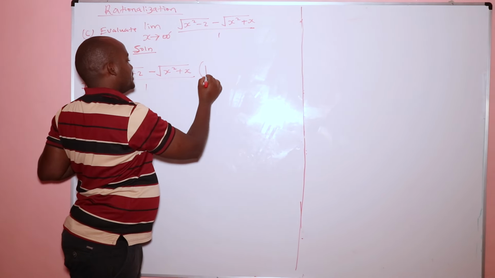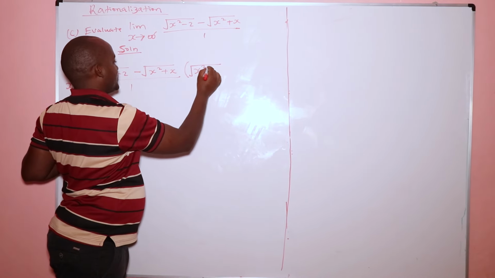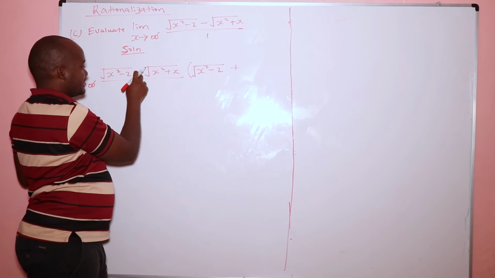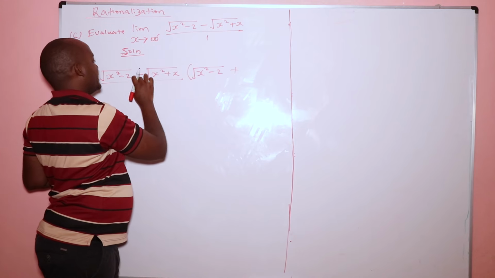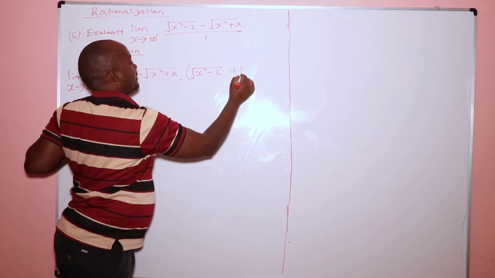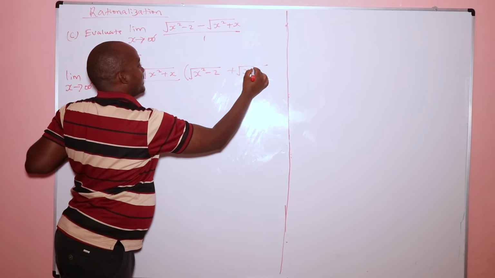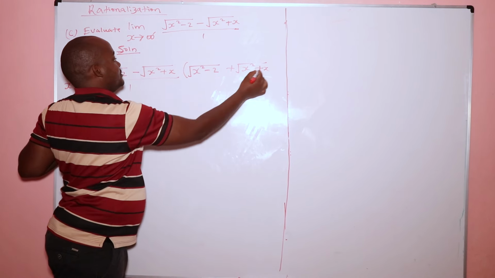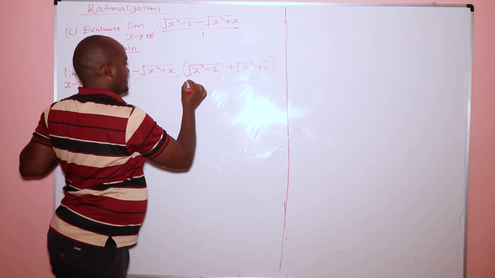So this conjugate will be root x squared minus 2 plus, you can see it is only the sign that is changing from negative to positive. This is plus root x squared plus x. And what you do to the numerator, you also do to the denominator.